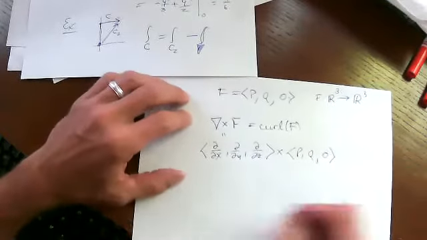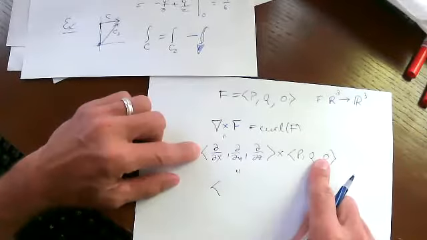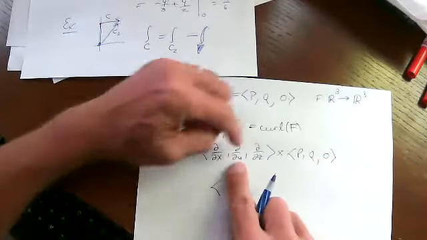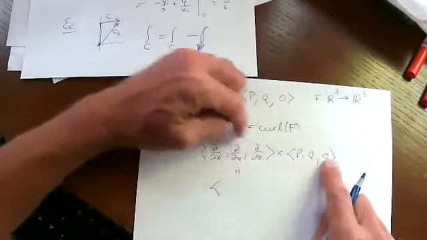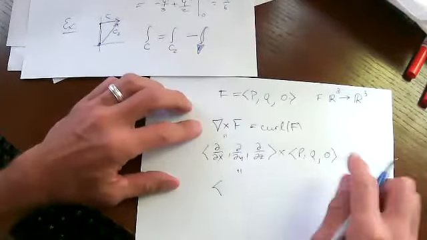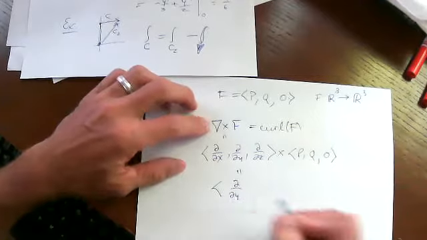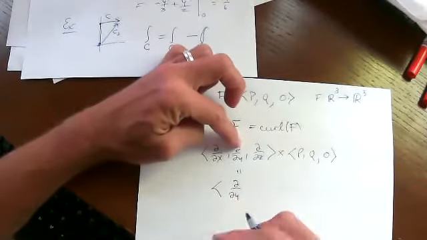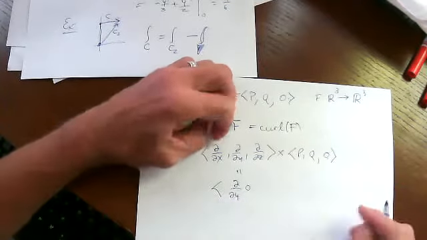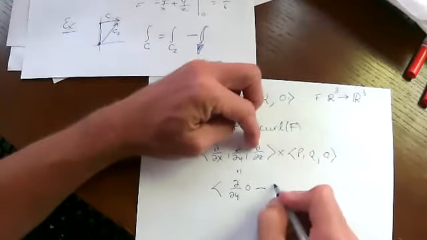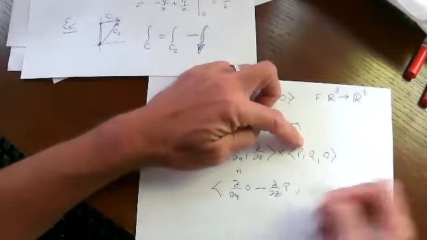And so that has several components to it. So the first component of a cross product, you may remember, you take the second component here and put it next to the third component there, and then subtract the pairing in the other order. So this would be taking the partial derivative with respect to y symbol and putting it next to, well, the 0 function, minus the partial with respect to z goes next to the p function.